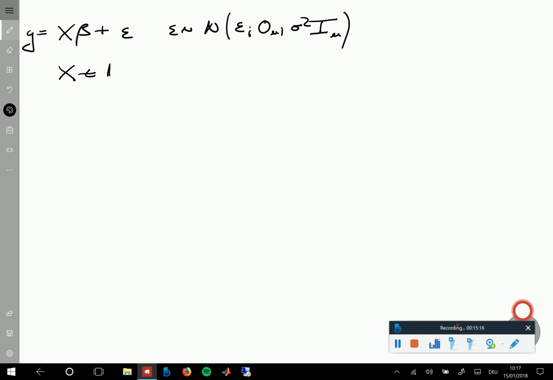Now, think again of the GLM, where, you know how the GLM looks by now, X is an n times p dimensional design matrix, and of course the design matrix embeds together with the beta parameters your model, right?